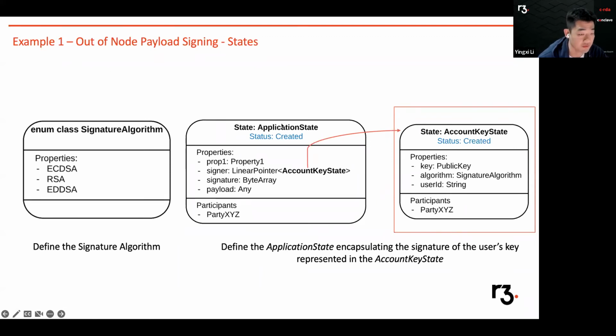So everything is just in the middle. You have an application state. You are writing your properties into your state, and then you transact that state. And then the node will put its signature on the transaction. That's it. It's very straightforward.